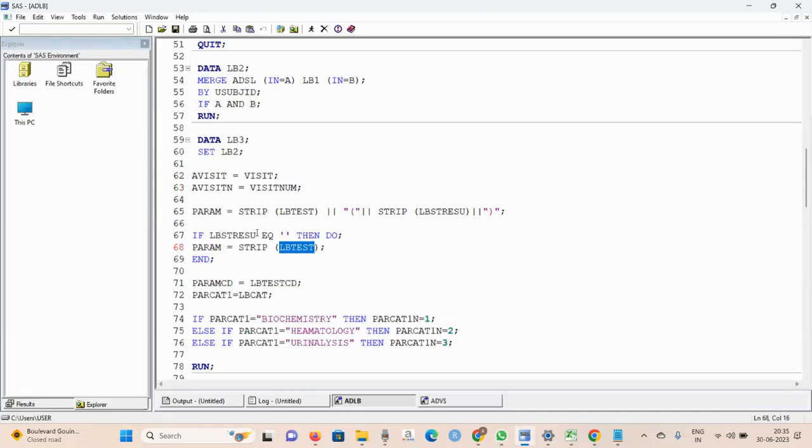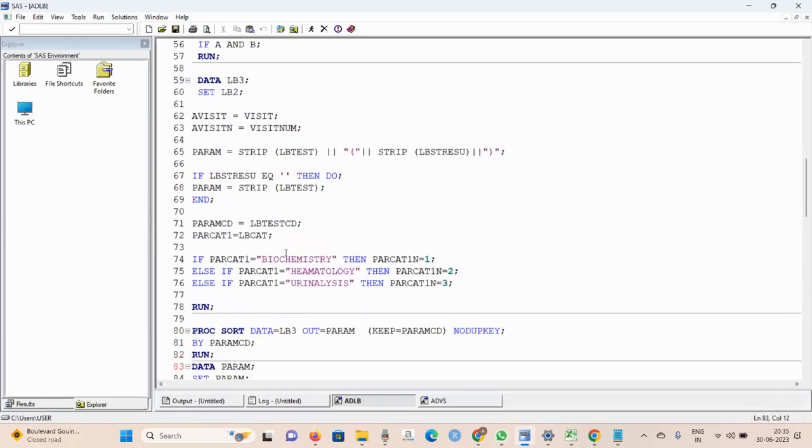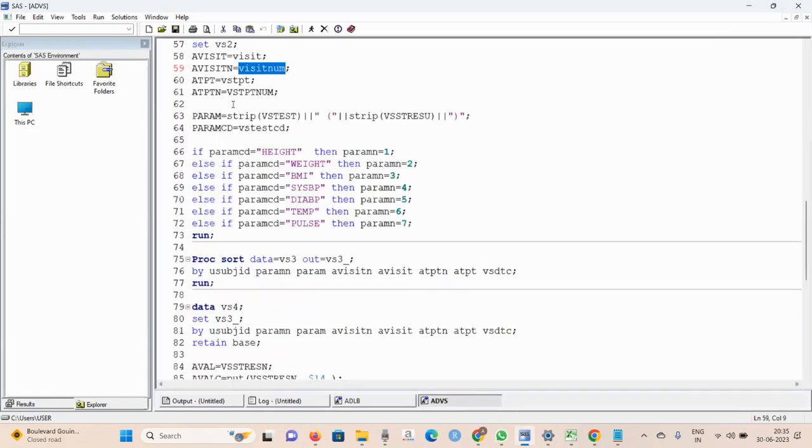So if the standard units is missing, then PARAM equals strip of LBTEST. This is one of the conditions for missing values. So the LB test will show up there. And PARAMCD is the same thing, the LB test code, which is the short name. So here also the same thing: PARAMCD is VSTESTCD in ADVS, and here it is LBTESTCD.